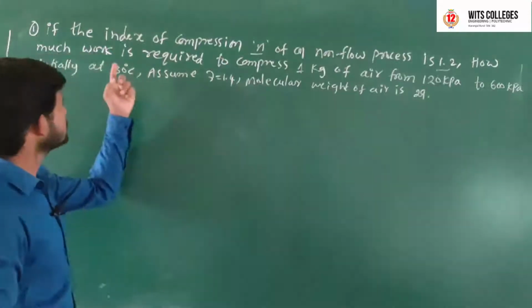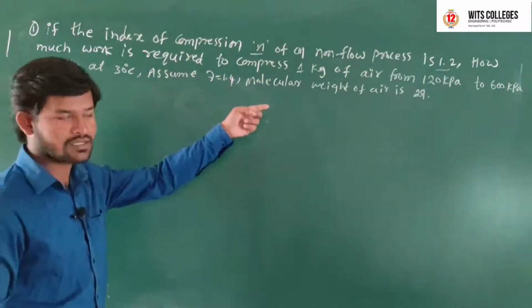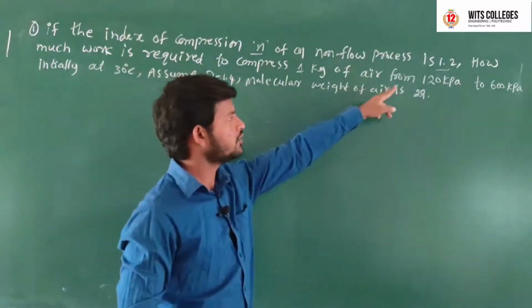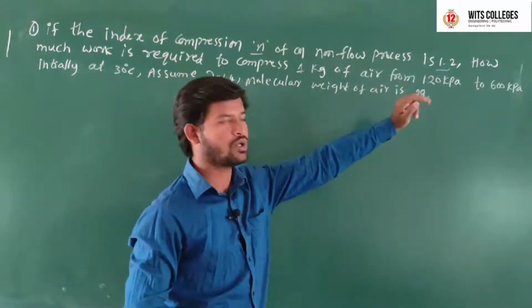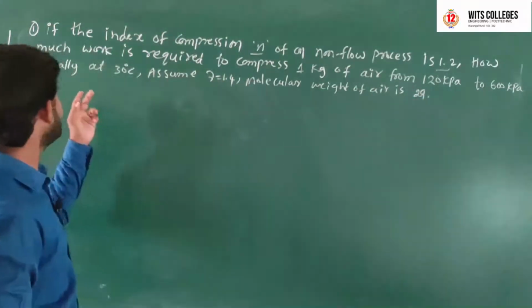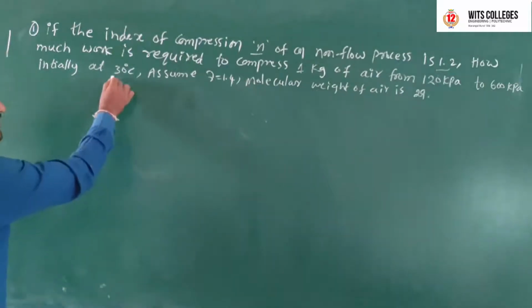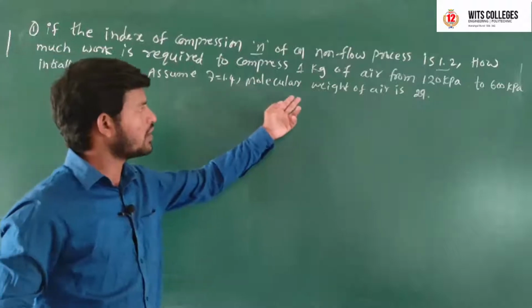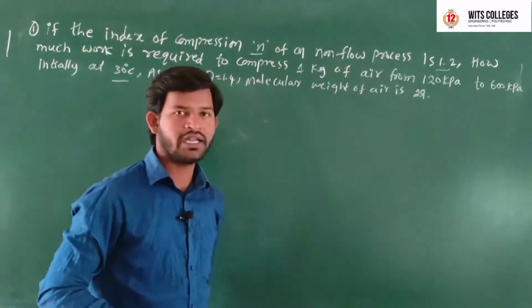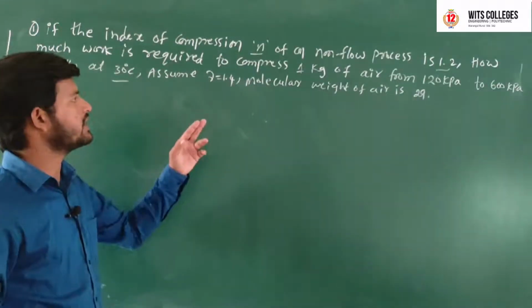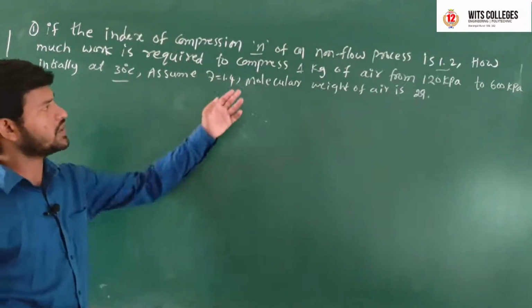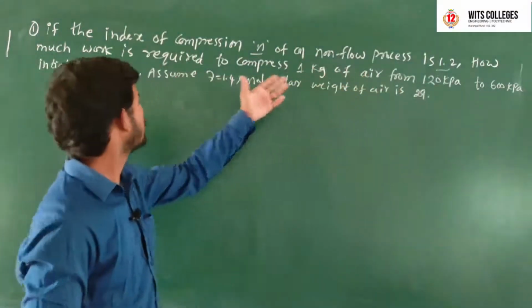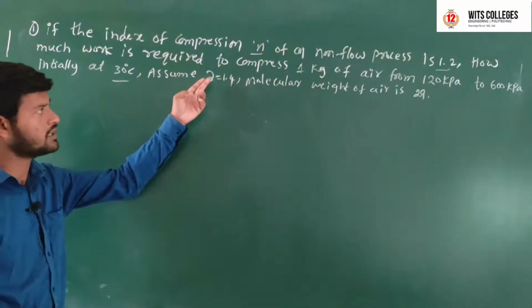And next, how much work is required to compress 1 kg of air from 120 kilopascal to 600 kilopascal initially at 30 degrees centigrade. Assume gamma equals 1.4, molecular weight of air is 29. Now, what is given in the problem: n value is 1.2, and how much work is required will be found out.